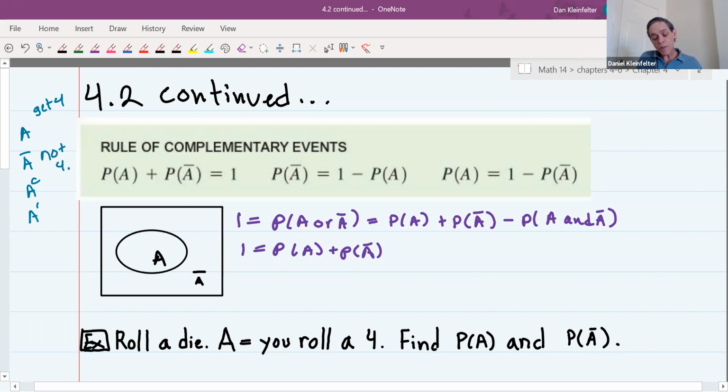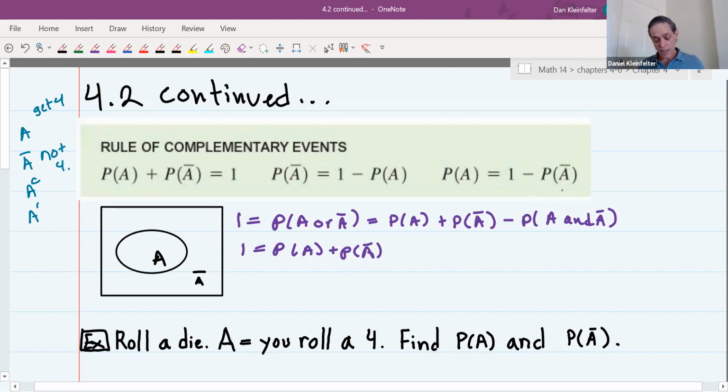Okay. So the rule for complementary events goes like this. It looks like they've given 3 equations here, but they're all just algebraic variations on the first one. It says the probability of A occurring plus the probability that A doesn't occur is going to be 1. If you solve for the probability of A complement, it's 1 minus the probability of A. If you solve for the probability of A, it'll be 1 minus the probability of A complement.